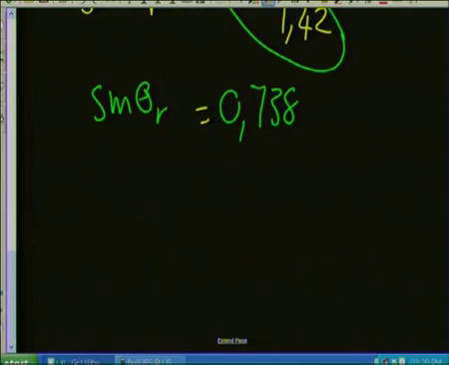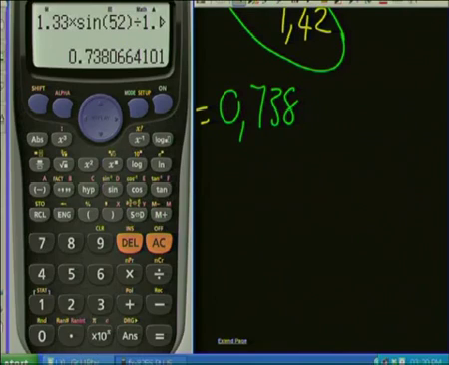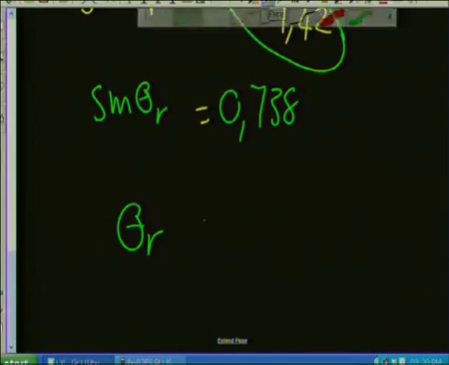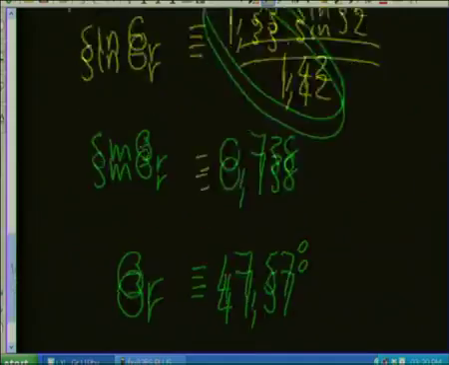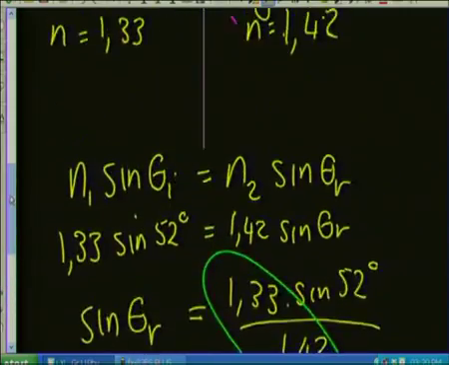Now, let's get the theta, the refracted angle in here. Let's use our shift function. Shift of sine, give the answer, and we'll get 47,57. So let me write that in. The angle equals 47,57 degrees.